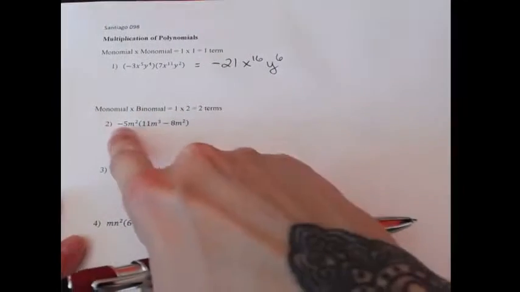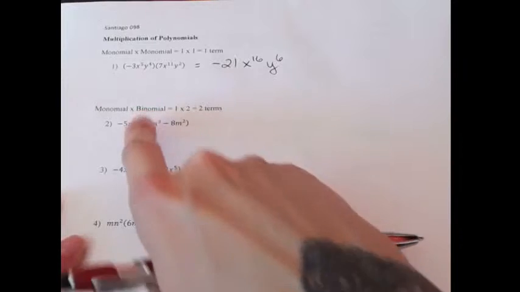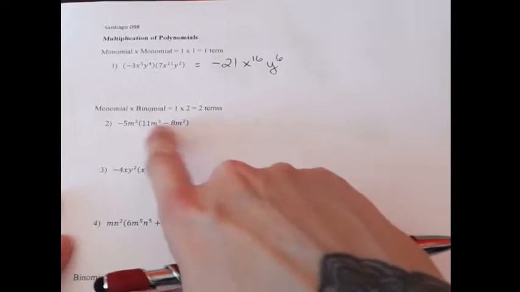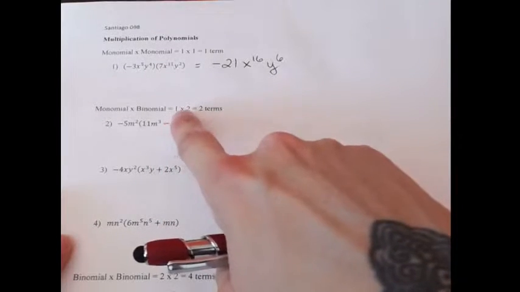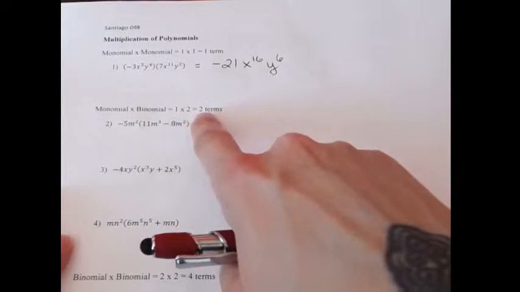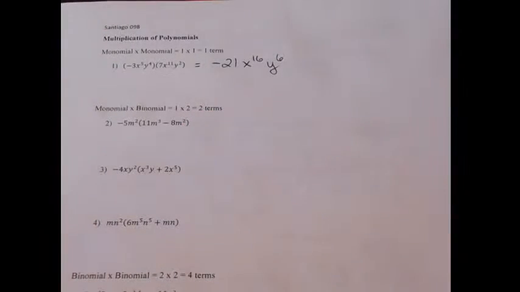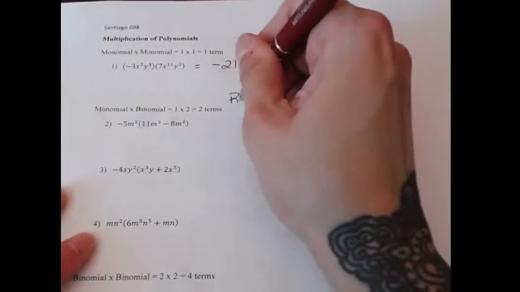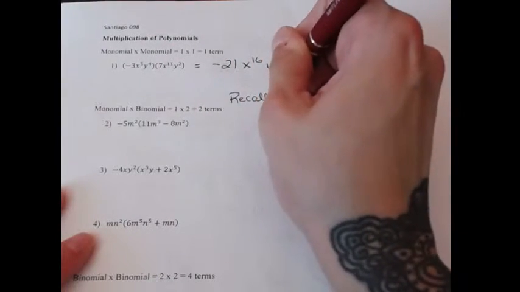Monomial, one term, so here's an example. Binomial, two terms. Here's an example of a binomial, right? Separated by addition or subtraction. Perfect. When you have one term times two terms, you better have two terms, right? 1 times 2 is 2. All right. So what we're going to do, just like we did before, and if it's helpful, let's recall something you're used to.